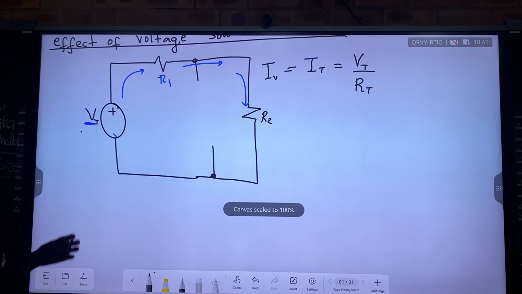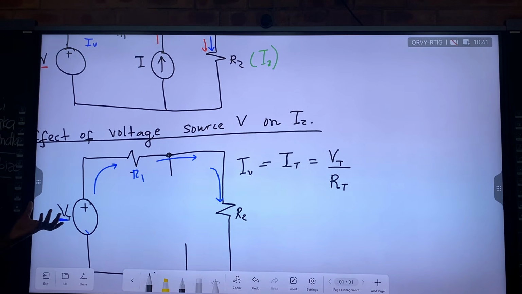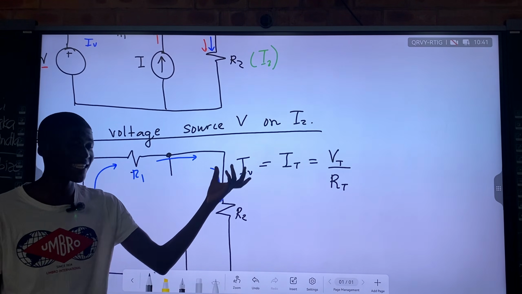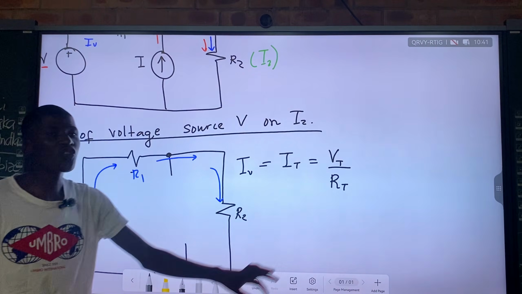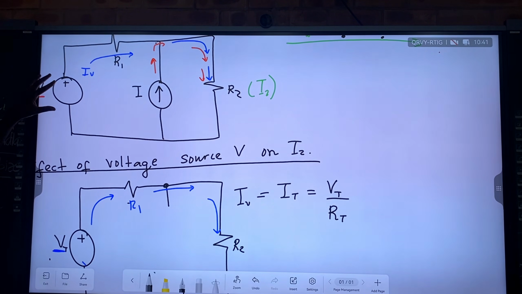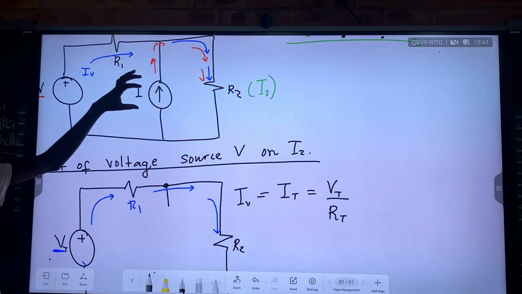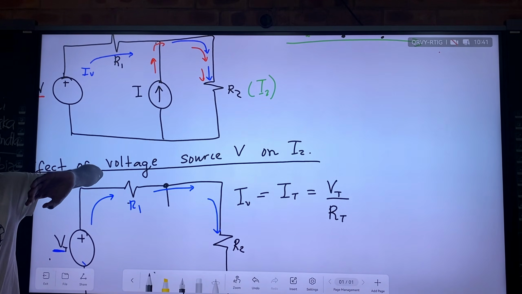What if I want to calculate the effect of the current source? Say I have seen that the voltage source is producing this much current, given by VT over RT. So when I want to see the current source alone without this voltage source, if we remove this voltage source and we try to look at the effect of the current source alone on this resistor R2.